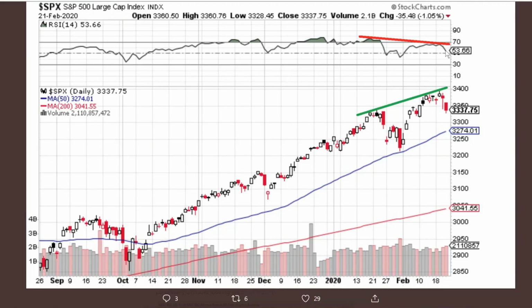But if that RSI broke up through that red line, you would call that a bearish divergence being resolved in a benign fashion, or you might call it a failed bearish divergence, or a false one.